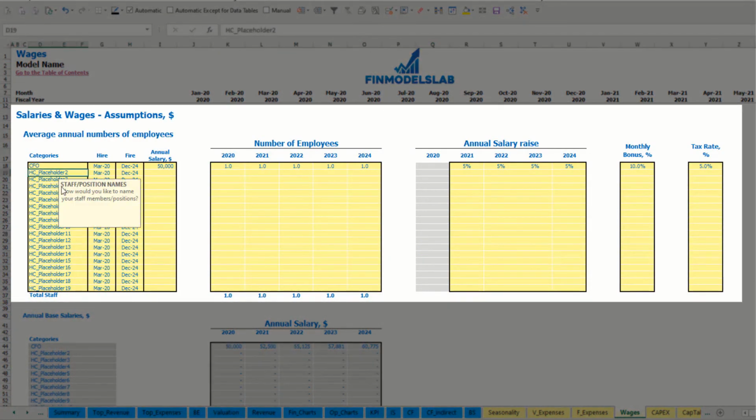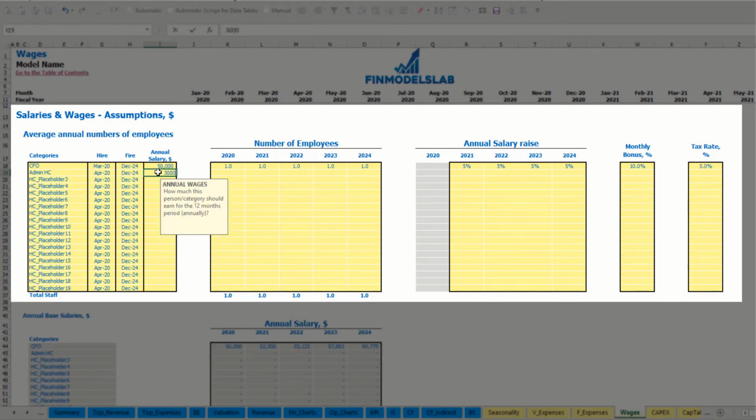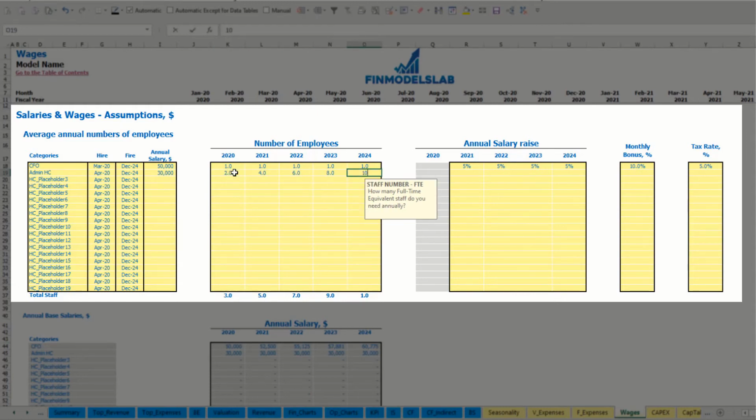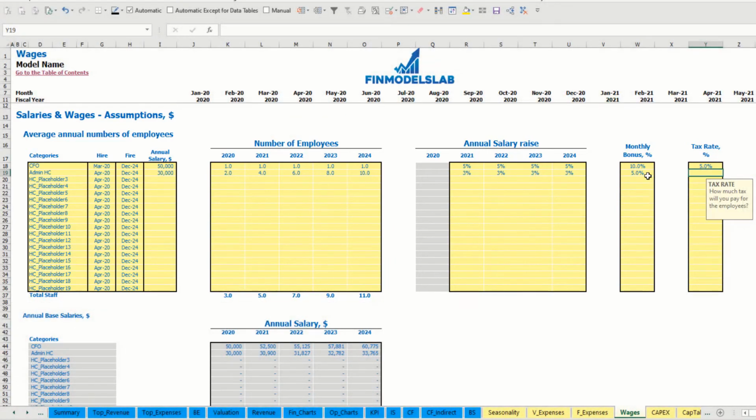Another option, let it be admin headcount, which will start in April and will grow till the end of the model with annual salary of $30,000. Let it be in year number 1, 2, then 4, 6, 8, and 10 headcounts. 3% of annual salary growth, 5% of monthly bonus, and 5% of payroll tax rate.